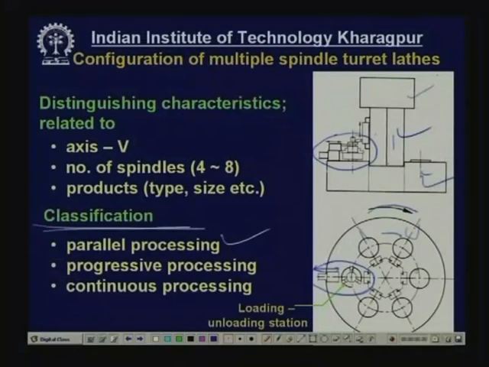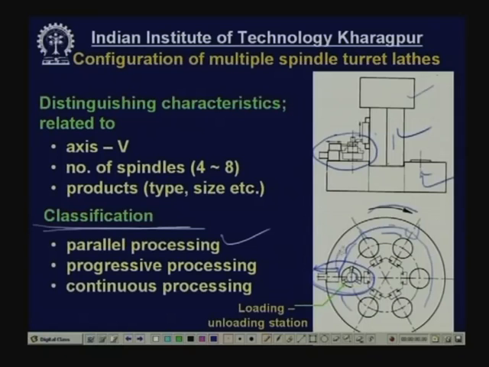Continuous processing, where both the ram and this carrier rotate simultaneously, and each unit functions as a separate machine tool. Suppose here just 2 machining works have to be done, say turning and grooving. The job is mounted here. After that, this job will move along this path and along this carrier, and while coming to this position, these 2 operations will be complete.